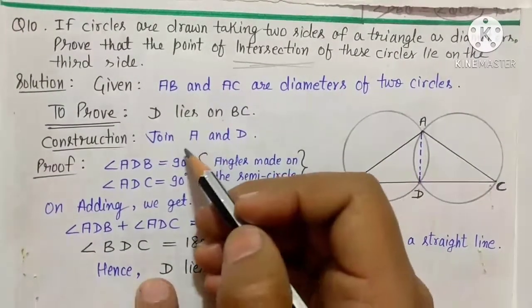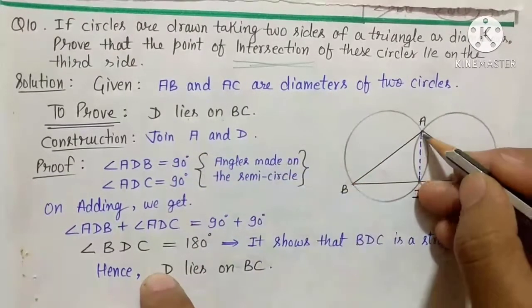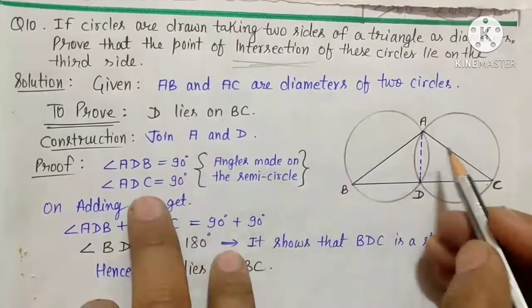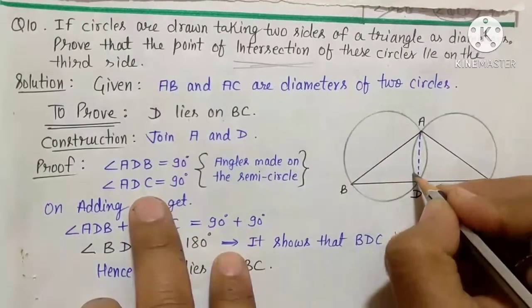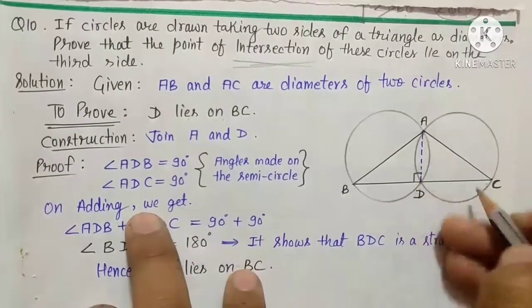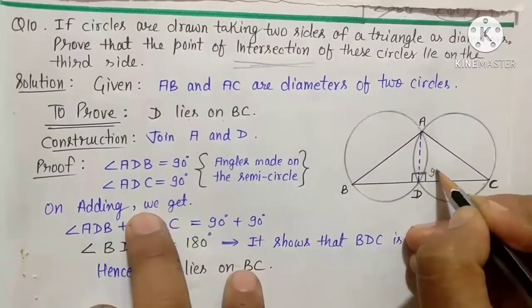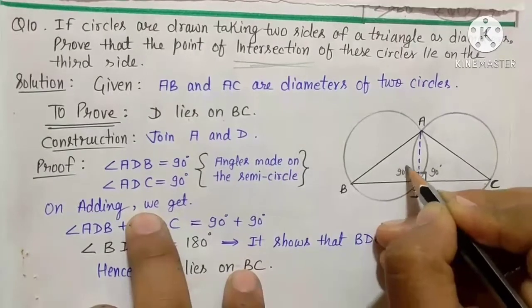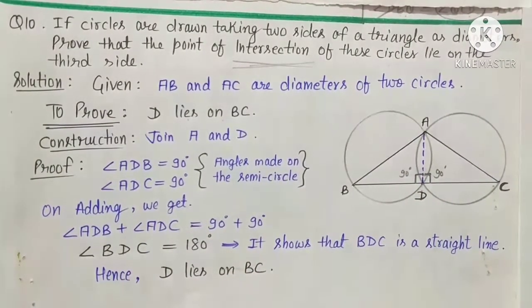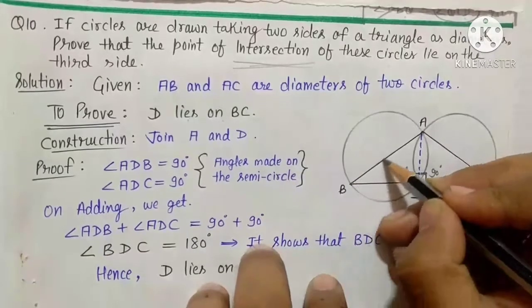So let's do a little construction: we are joining A to D with a dotted line. Now in triangle ADB, this angle will be how much? 90, and angle ADC is also 90 degrees. They both will be 90 degrees each. Why? Because those angles which are made on a semicircle, see this is the diameter, no?